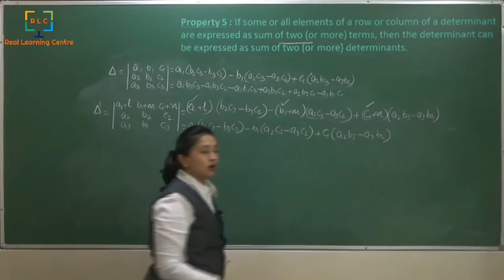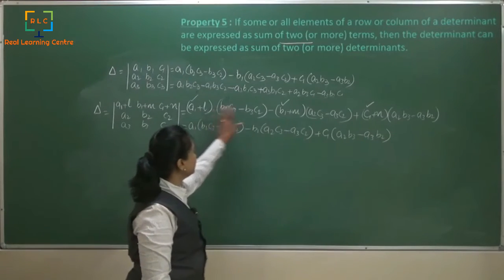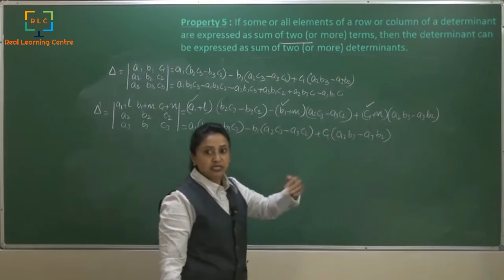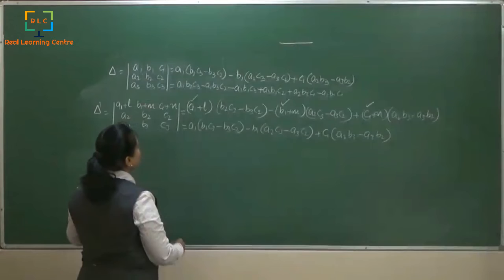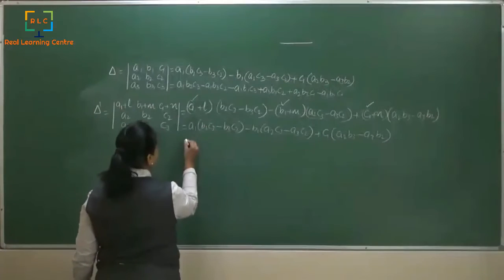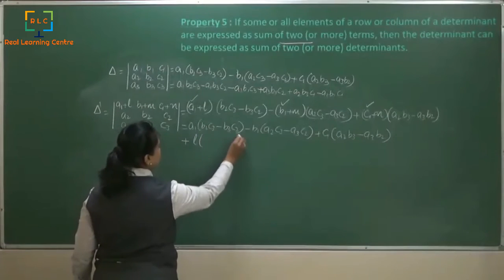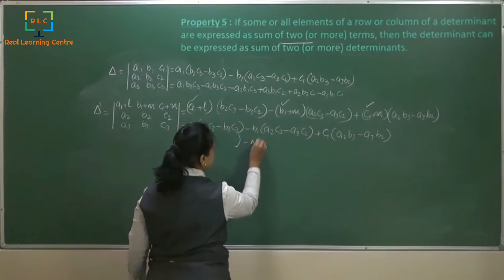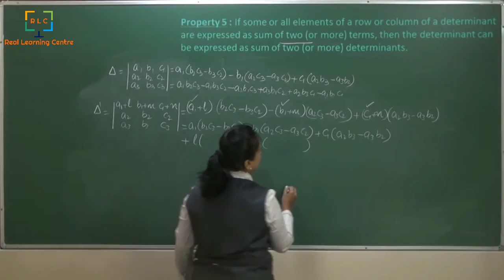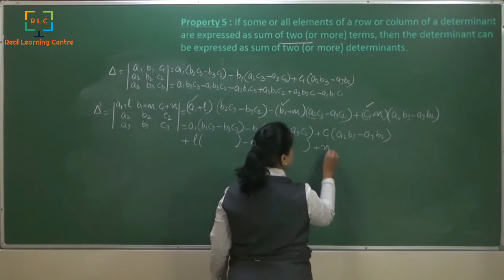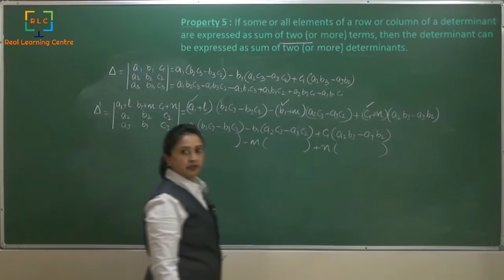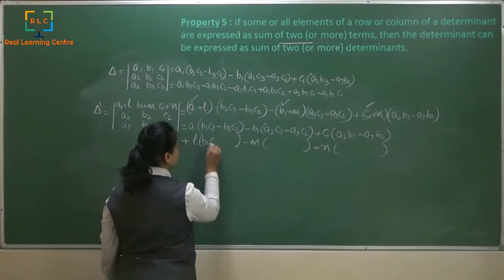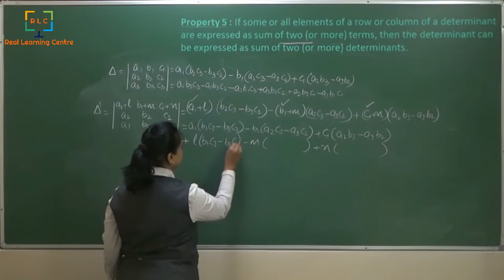Don't you see that all these are also multiplied by the second terms? So now I shall take all the second terms. So I shall say plus L into so much, plus L into the same thing, then minus M into the same thing, and then plus N into the same thing. So I'll repeat here, B2 C3 minus B3 C2.